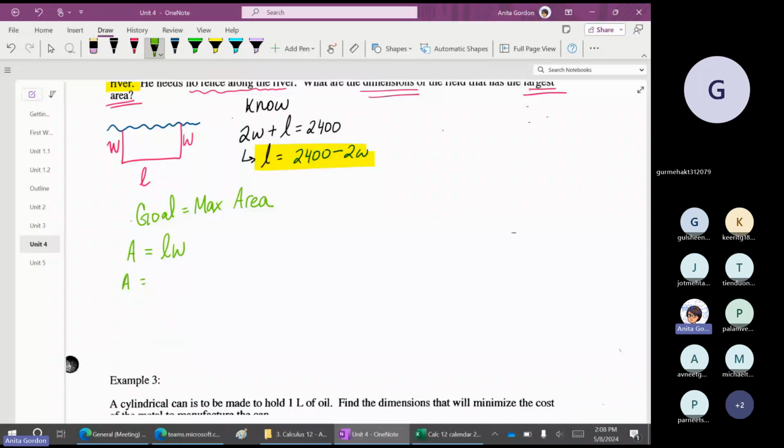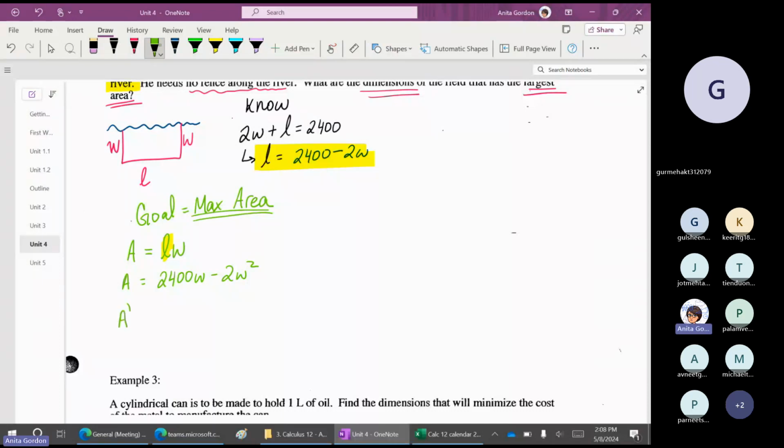All right, so what we're saying is area is 2,400W minus 2W squared, right? W times L. So we substitute and distribute. And we're going to do the same method that we did. In order to maximize or minimize anything, we first have to take the derivative to find the critical points.